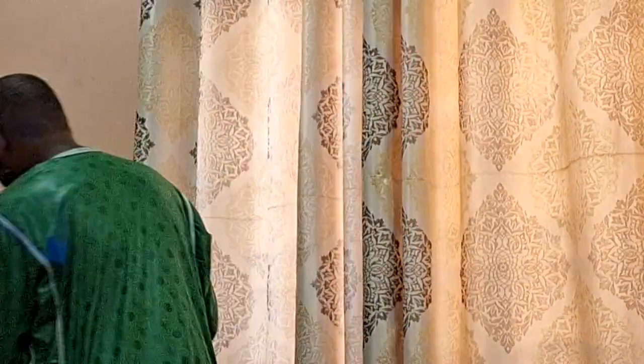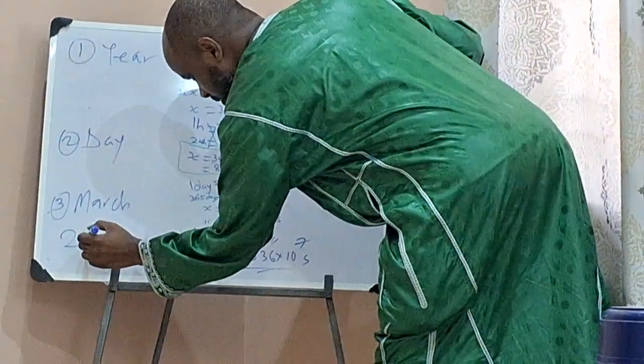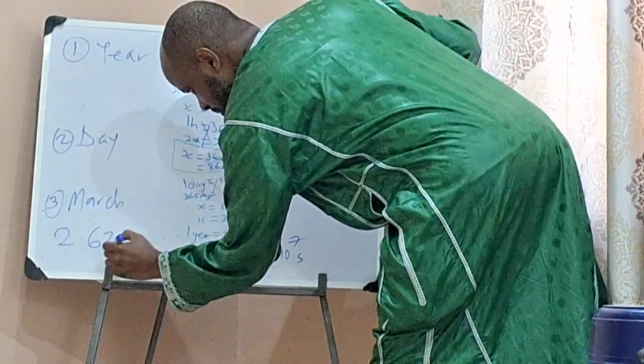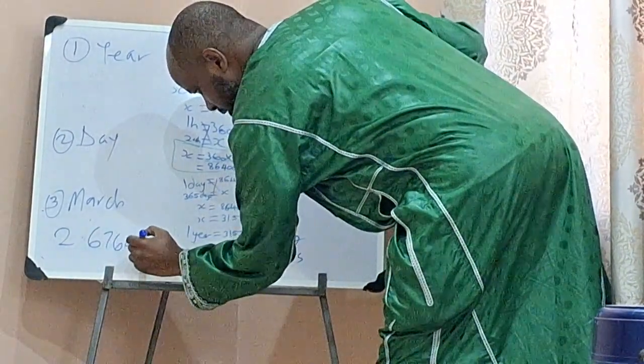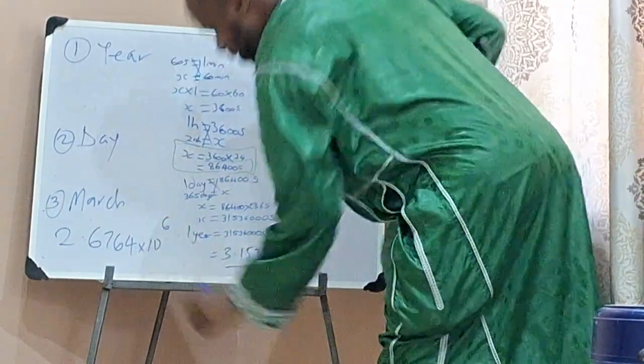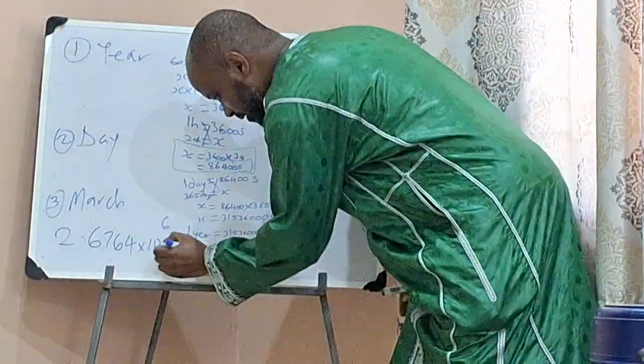Since 1 day is 86,400 seconds, 31 days will be 31 times this, correct? Which will be 2,678,400, so 2.6784 times 10 to the power of 6 seconds.